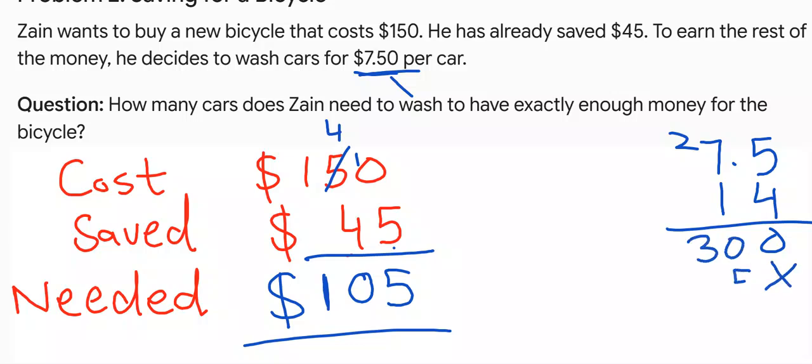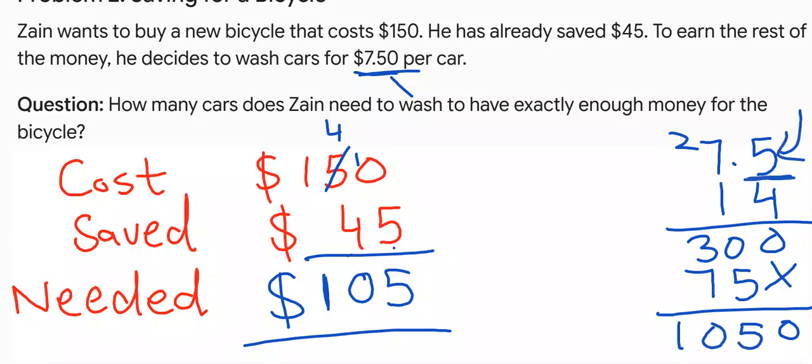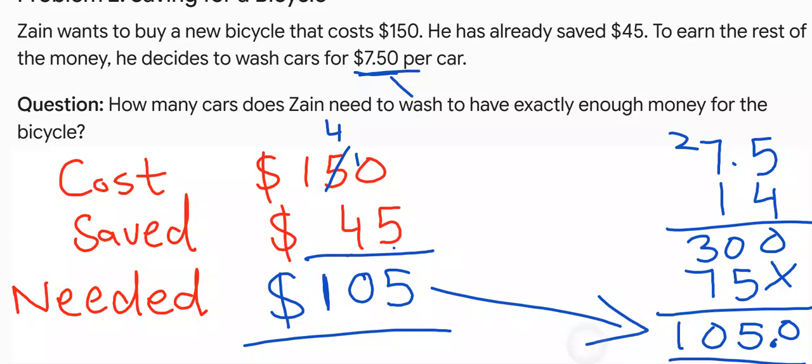And 1 5 is 5, 1 7 is 7. Now add: 7 plus 3 is 10. We have one decimal place, so I will put the decimal in the answer after one decimal place. After multiplying by 14, we get exactly 105.